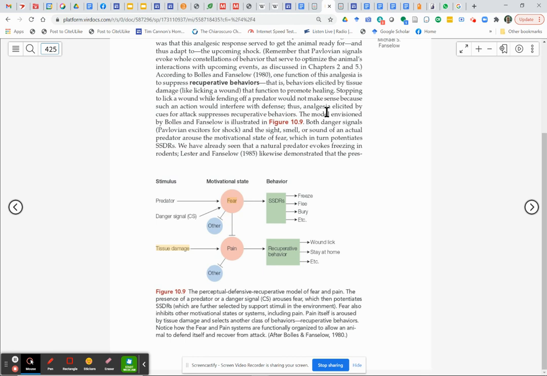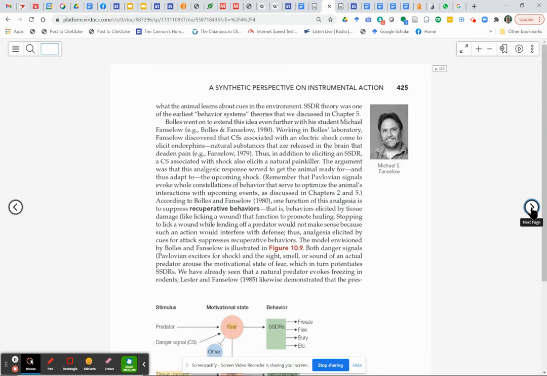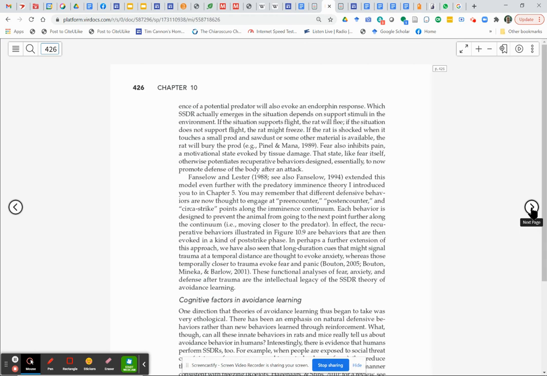And after you survive the attack, pain comes back, and you lick your wounds, you stay at home, you do other useful things. And there's Bolles and Fanselow publishing together in 1980 when I came to Scranton.